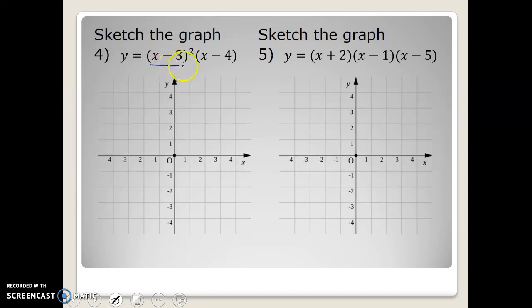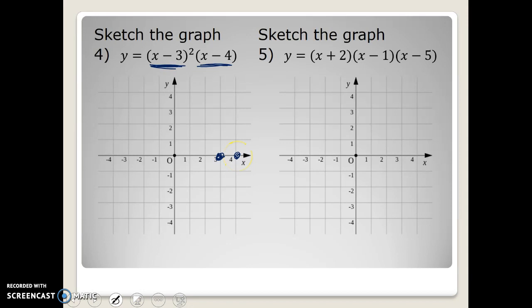Number 4 is going to have a 0 at 3, which is here, and a 0 at 4, which is here. The 0 at 3 has a multiplicity of 2, so it's going to bounce here. And the 0 at 4 has a multiplicity of 1, so it's going to go through the graph here.